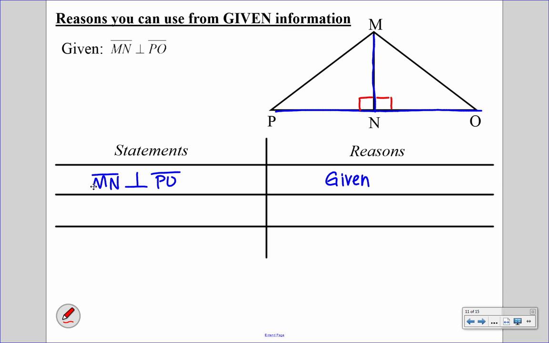Okay, so the first step that we need to do for this is we have to state the two right angles. So we have to say angle PNM and angle ONM are right angles. Okay, and this is the definition of perpendicular lines.